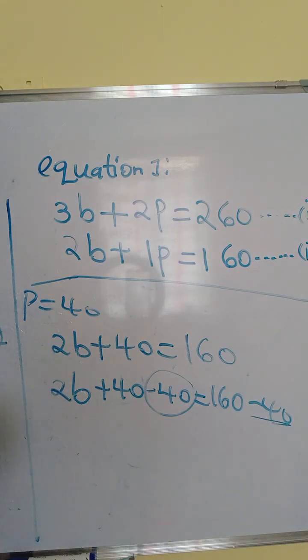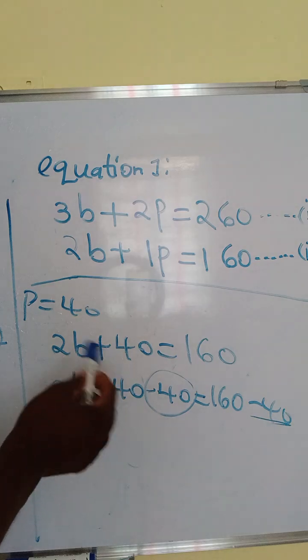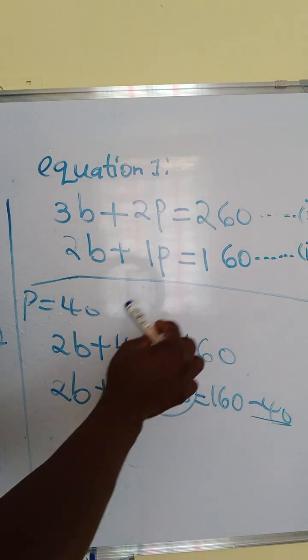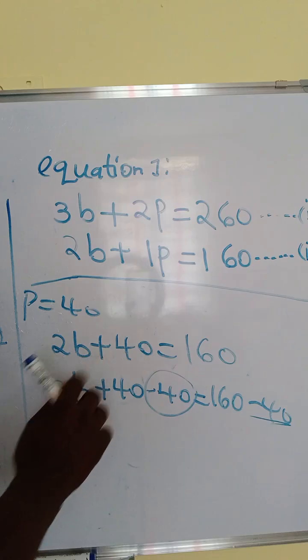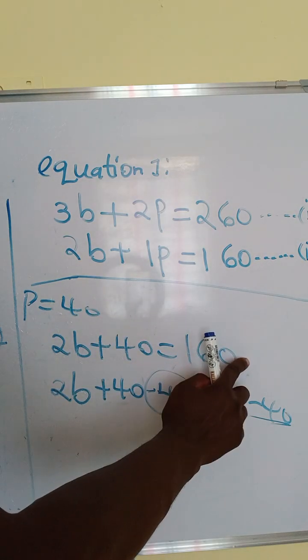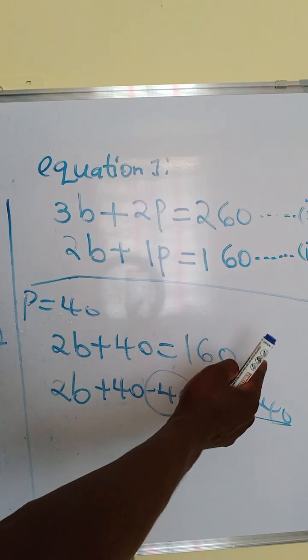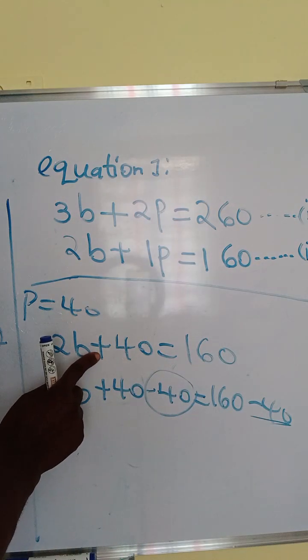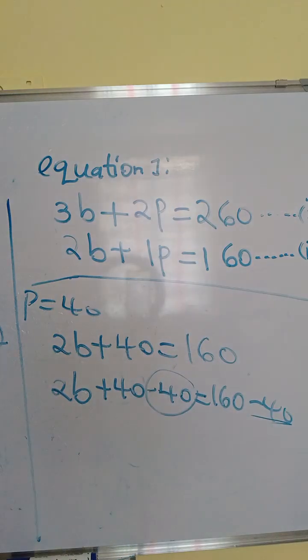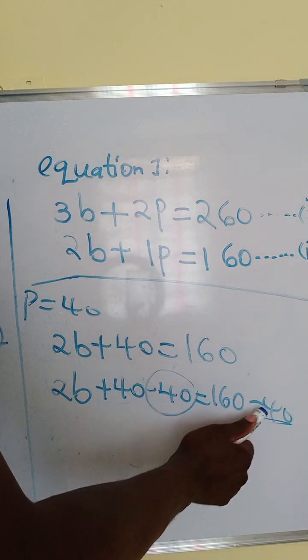Or in simpler terms, when collecting like terms, whenever a value crosses an equal sign, the operation changes. If it's positive and crosses the equal sign, it becomes negative. If it is negative and crosses the equal sign, it becomes positive.